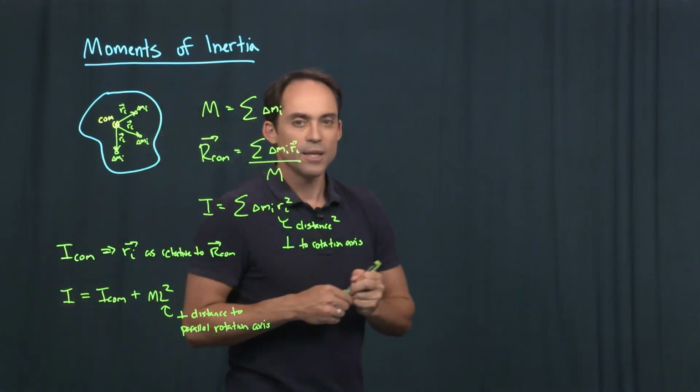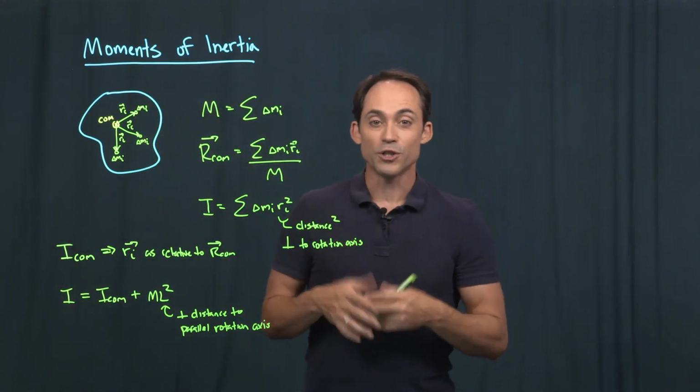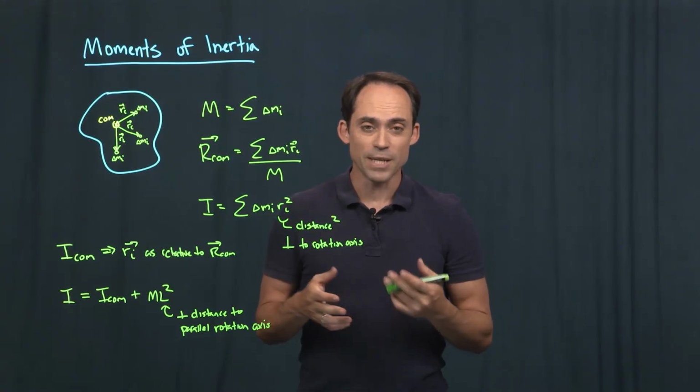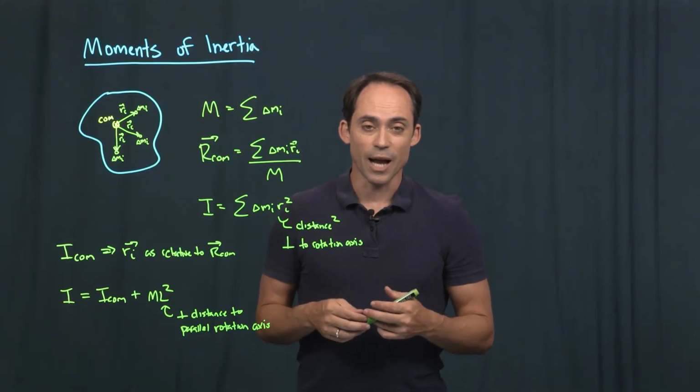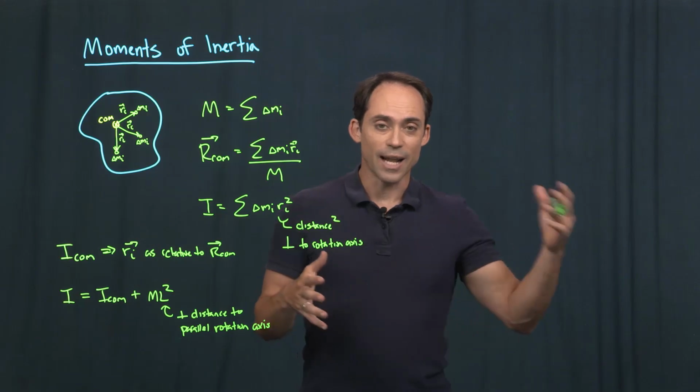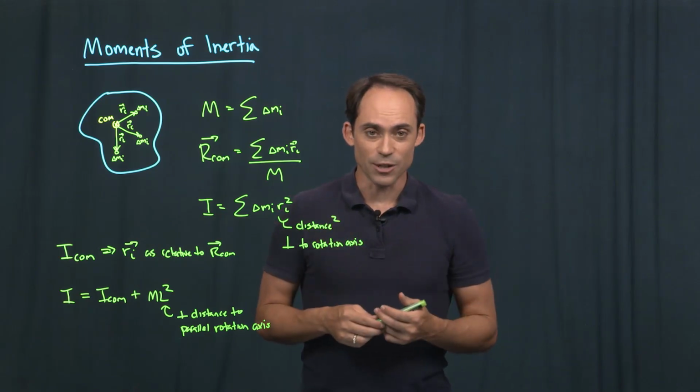Okay, so these expressions will be very useful for generalizing our moments of inertia for basic shapes and computing what an object would look like if it's rotating, again, at a distance or with a more complicated shape attached to it.